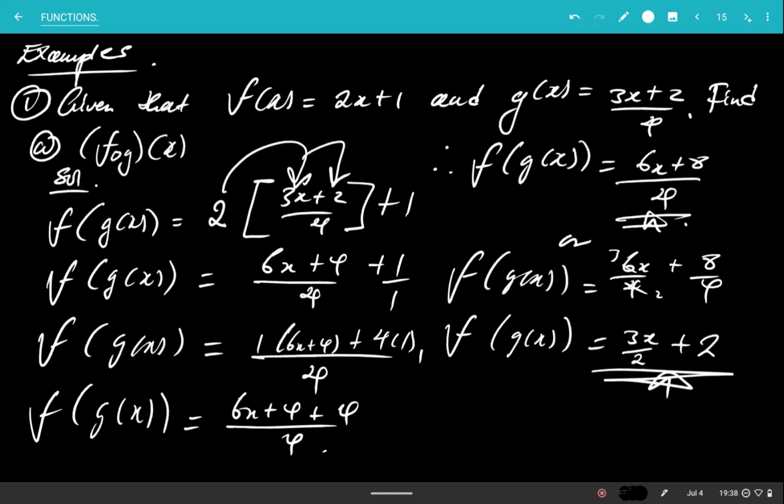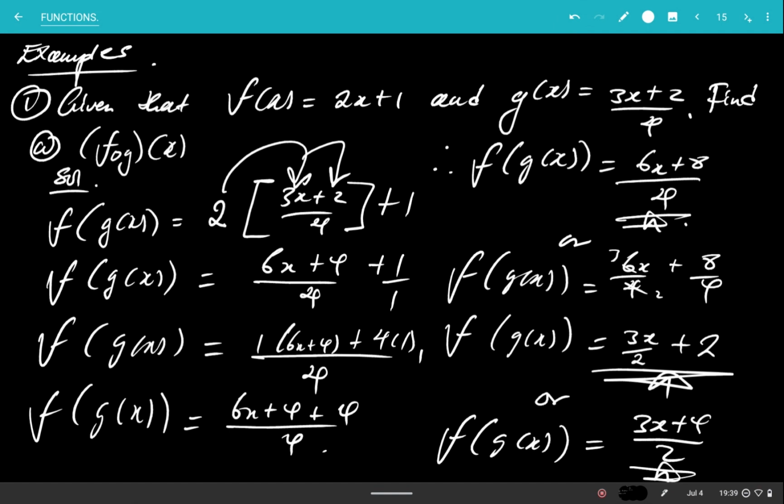If you want, you can also look for the common denominator again, make it whole, and if you make it a single fraction, you end up with 3x plus 4 over 2. You can always try it on your own, or just do it in your head and you get that. Alright, so that's how you go about solving this particular question.